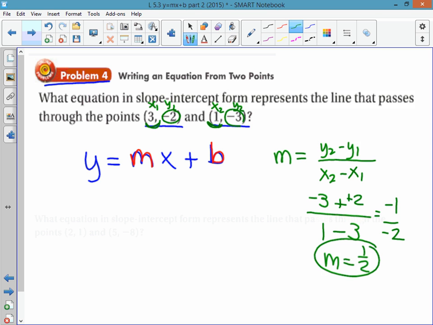So in order to write this equation, you need to know the slope and you need to know the y-intercept. You've calculated the slope. Now you just need to figure out what the b is, what the y-intercept is. And this is where it becomes a little bit tricky.